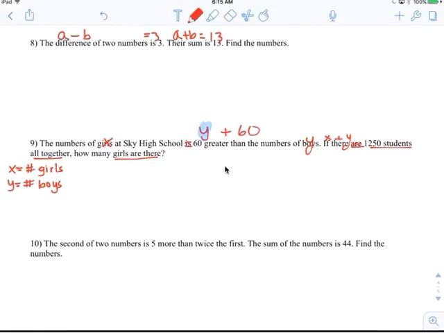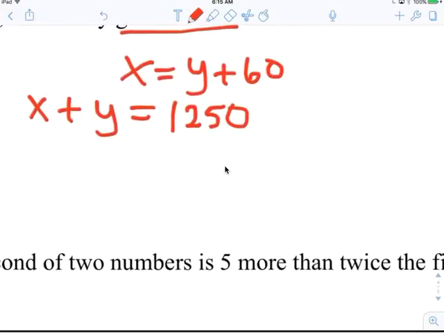So we got X equals Y plus 60, and X plus Y equals 1250. We use substitution because X is by itself.